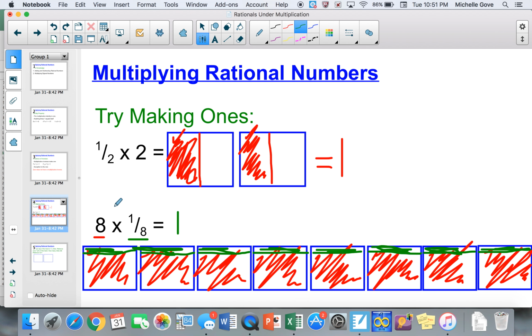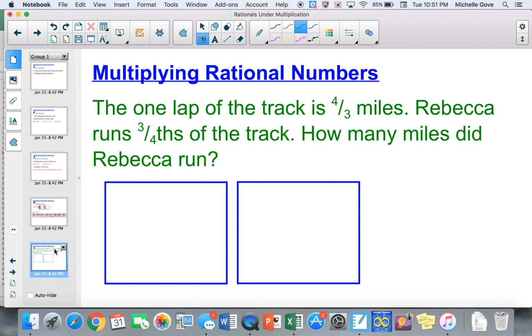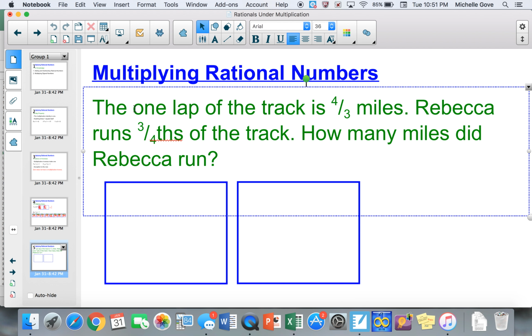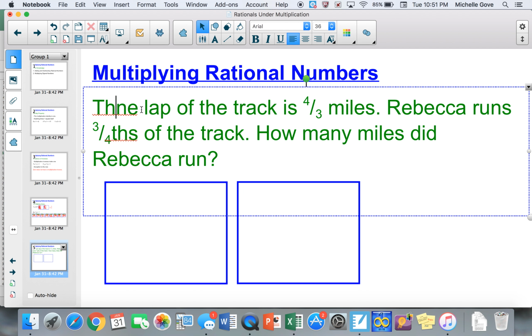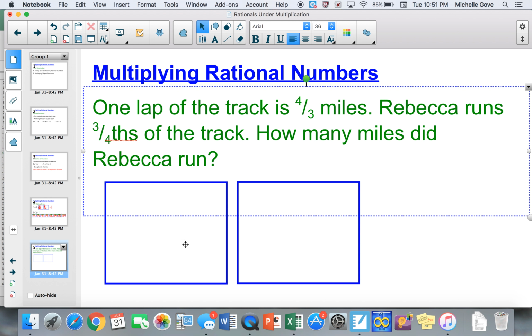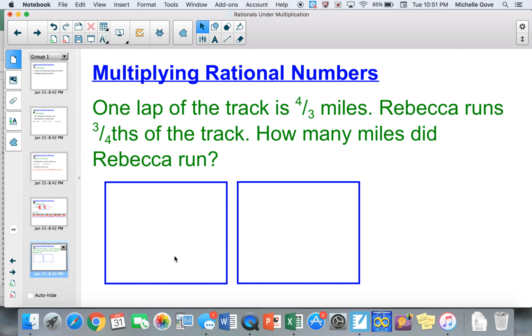Let's try another problem, see how we could use this. Oh, we have one typo here, so we'll fix this real quick. Sorry. So if one lap of the track is 4/3 miles, Rebecca runs 3/4 of the track. How many miles did Rebecca run? So what we're going to do is fill in our boxes.